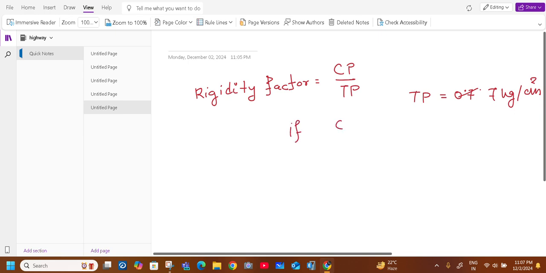If contact pressure is less than tire pressure, rigidity factor is less than 1. If contact pressure is greater than tire pressure, rigidity factor is greater than 1.